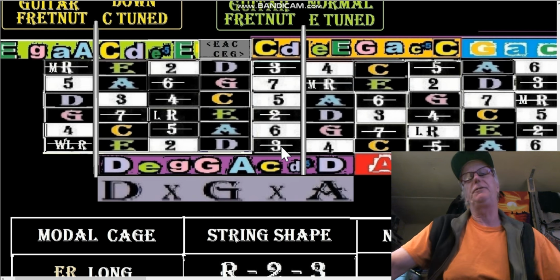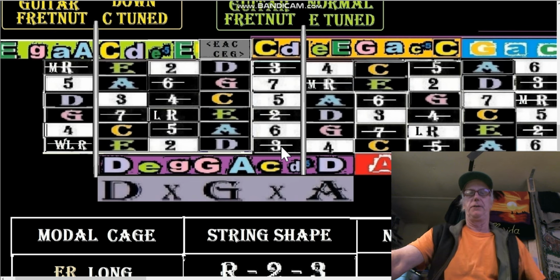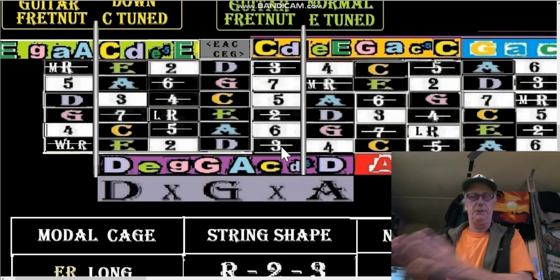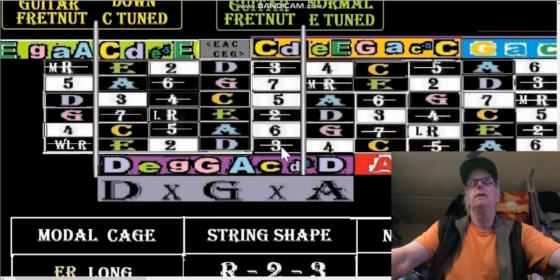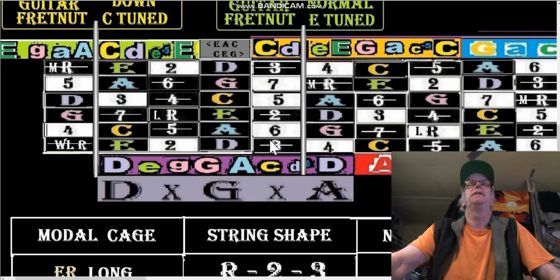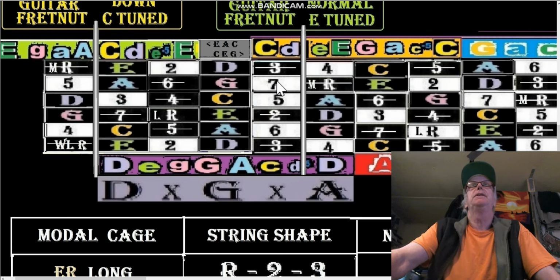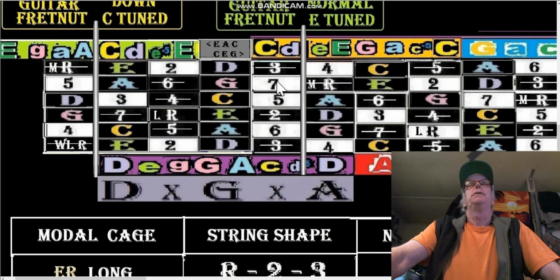So we can identify these things with familiar chord shapes and learn how to do the CAGE system in each of the positions. But we can't play that G minor with the fret nut if we're in the key of D, let's say. Call it the key of D, or the D shape. In this case, we're in the D shape key of C, usually on my guitar.